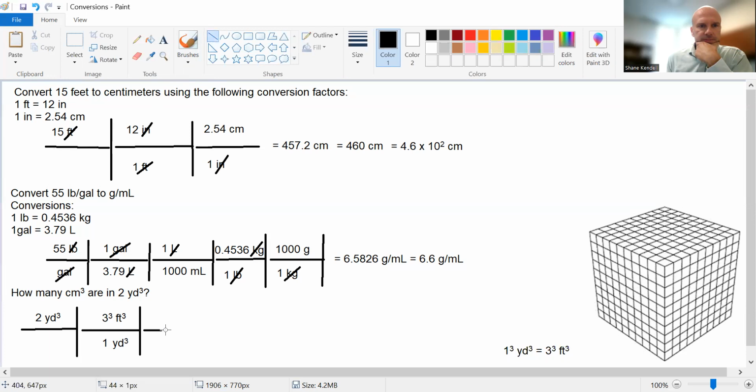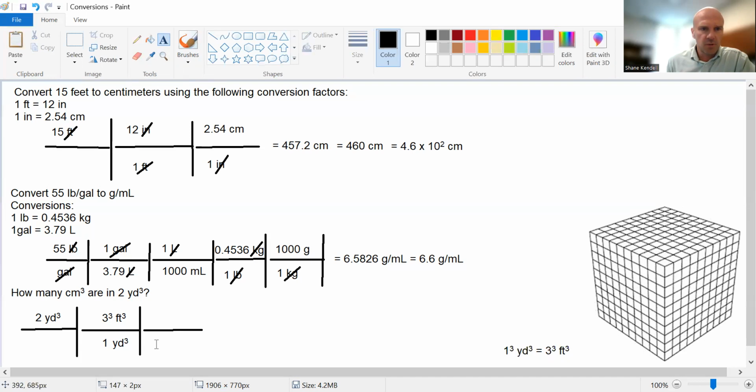So moving along, cubic yards have been crossed off, so we're currently in cubic feet, but we want cubic centimeters. So then we've got to convert the feet to centimeters, but we'll go through the inches first. So we know from above the feet to inch relationships.